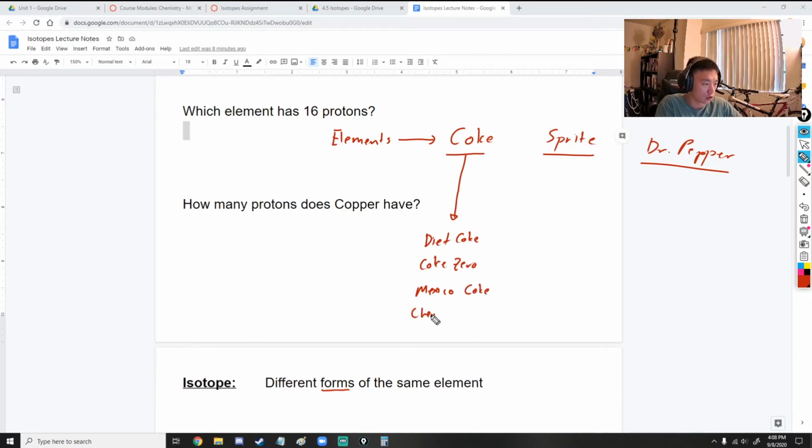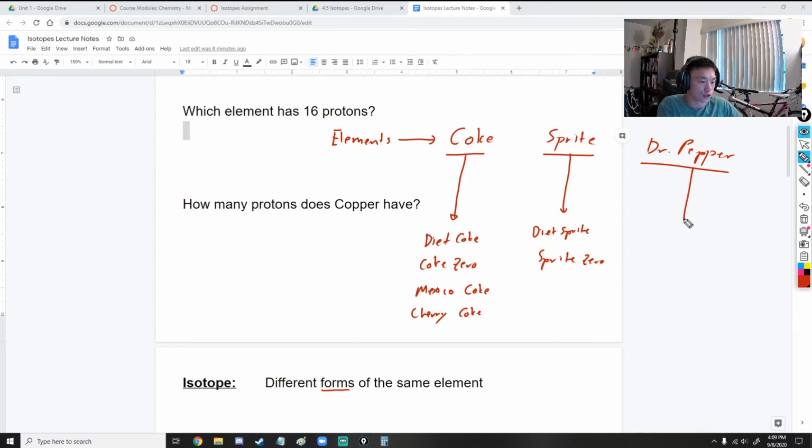There's Cherry Coke. There's all these different types of Coke, and the same thing for Sprite. There's Diet Sprite. I think there's a Sprite Zero. I don't know what the other Sprites are. I'm going to guess there's a Cherry Sprite and a Mexican Sprite, but let's leave it at that.